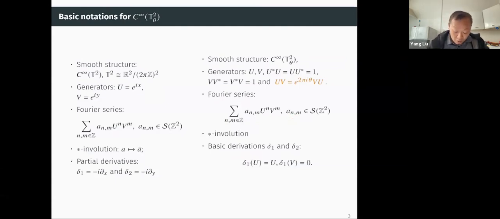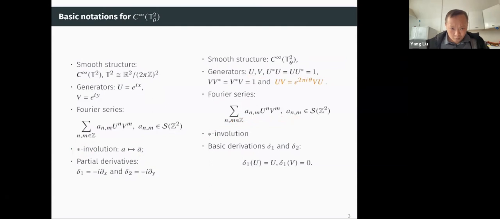The involution in the classical case is just complex conjugation, while here it is defined on the generators U and V, which are unitaries, and then extended to general elements of this form.